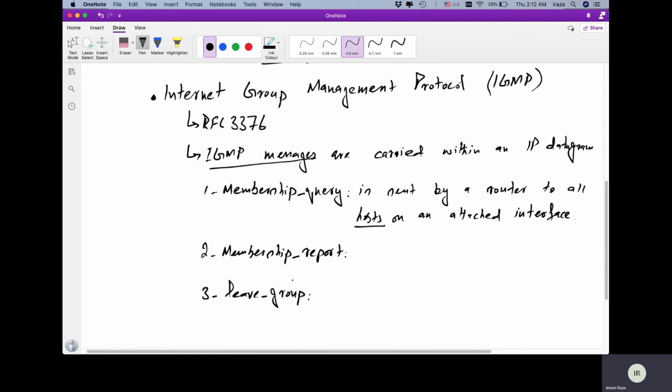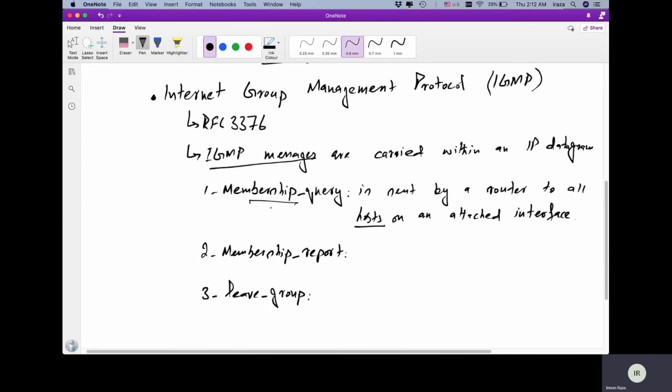But if it is optional, then there is an obvious question: how does a router detect when a host leaves the multicast group? The answer is that the router infers that a host is no longer in the multicast group if it no longer responds to the membership query message within the given group address. This is an example of what is sometimes called soft state in an internet protocol.